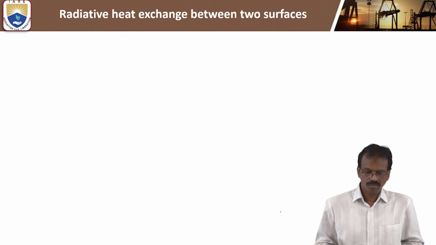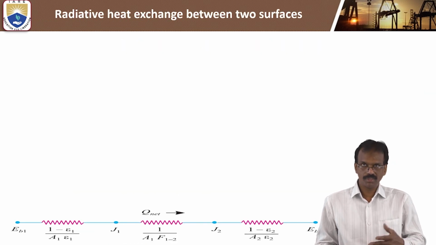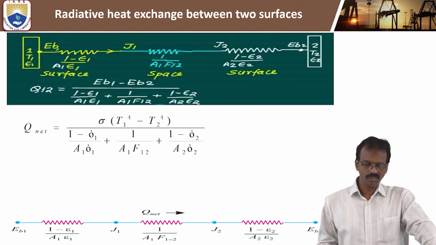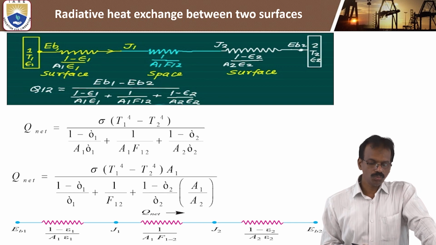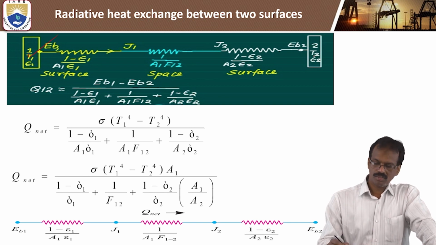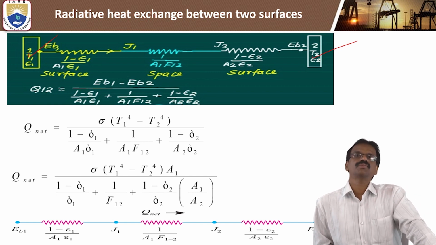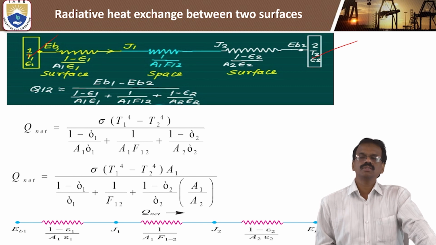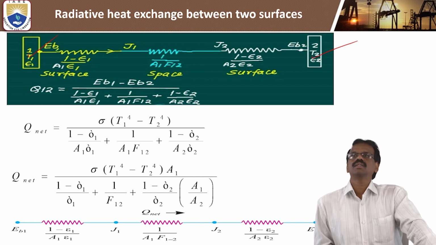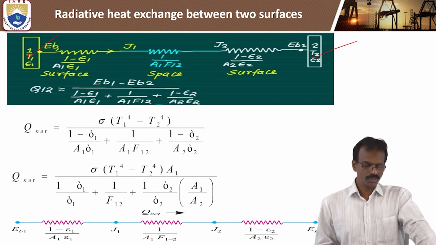Next, we already discussed this one in the previous class and previous slide also. You will see this is the radiation between two surfaces. The temperature of the first surface is T1 and emissivity is epsilon 1. Similarly, surface 2 has temperature T2 and emissivity epsilon 2.